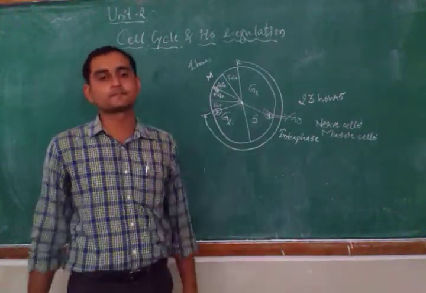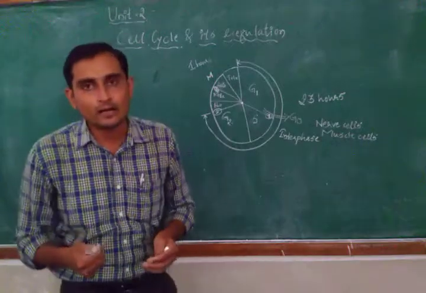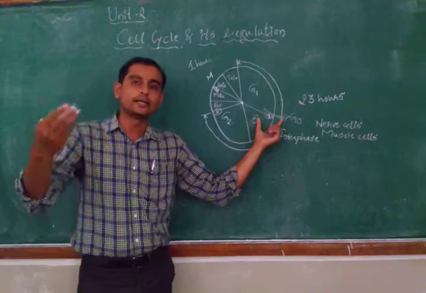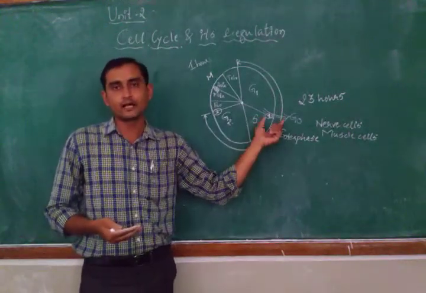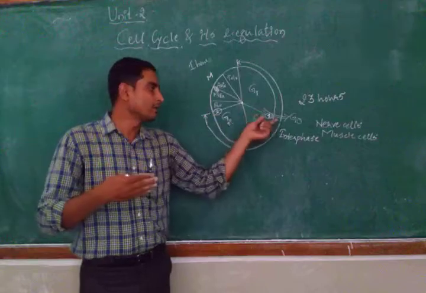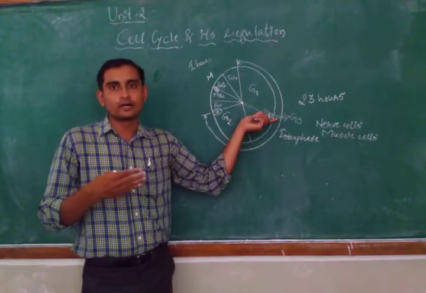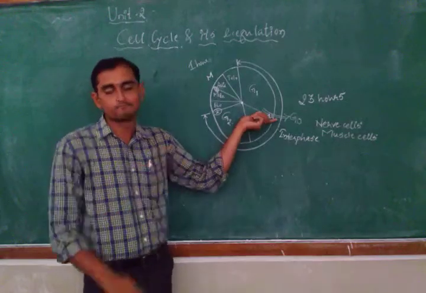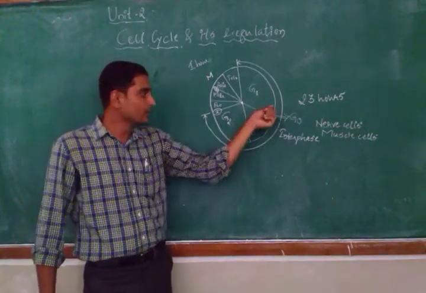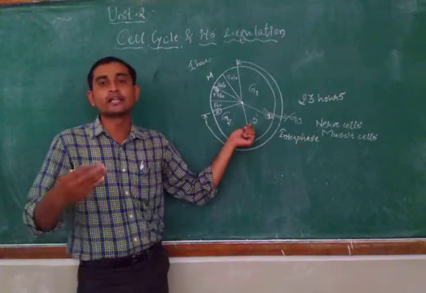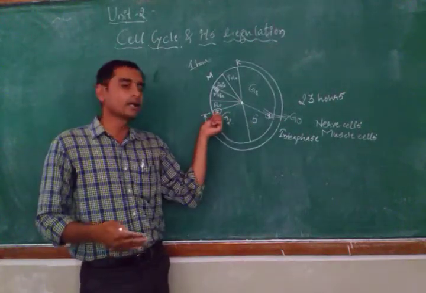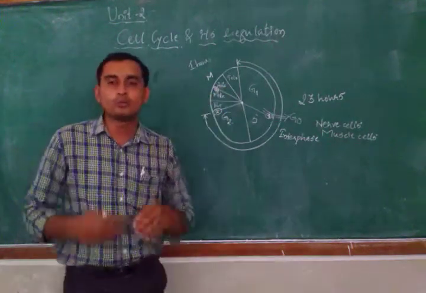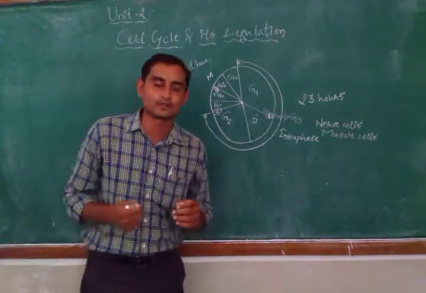At these three points, the cellular machinery will check whether everything is okay to enter into the next phase. It's like a closed door. It will always be closed. Whenever you show your identity that you are ready to enter the room, only then you are permitted to enter into the next room. So here once again your identity will be checked, and here also one more time it will be checked for different processes.